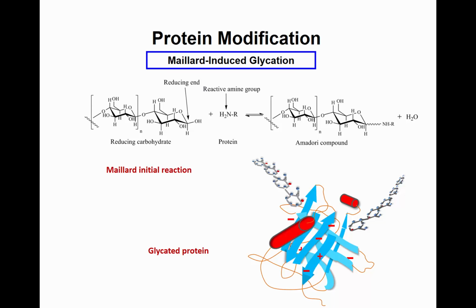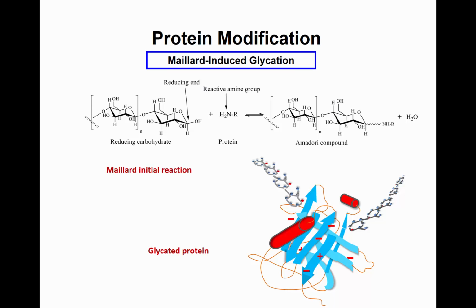But research has shown that if you initiate Maillard reaction and stop it at the Amadori compound formation, you end up with a glycated product, a protein with carbohydrate of a moderate chain length linked to it. With that, you have enhanced solubility and thermostability.